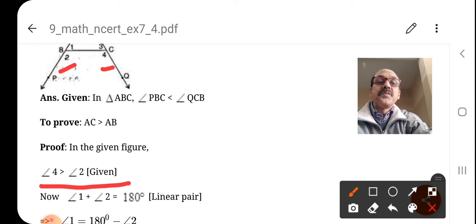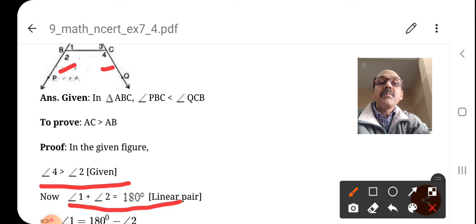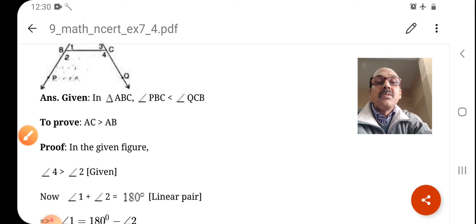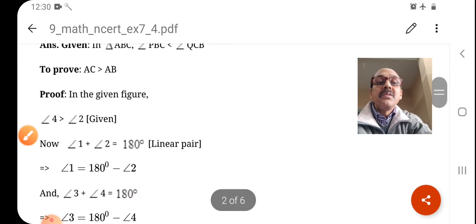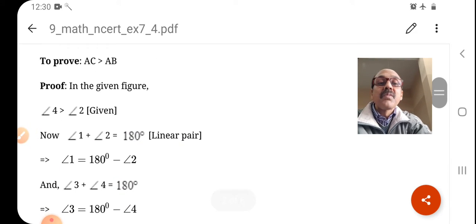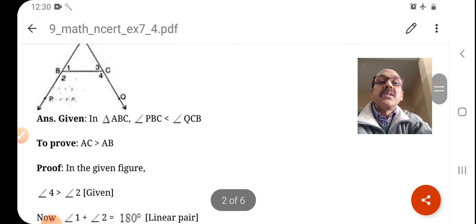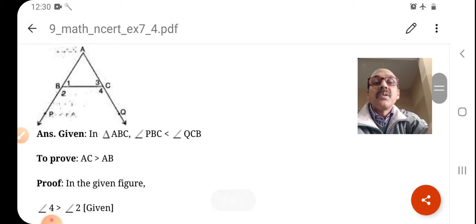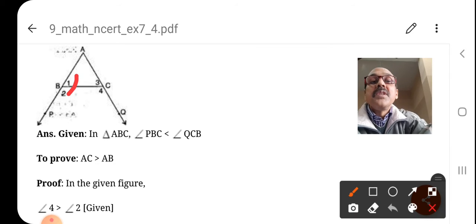Now we know a straight angle, that is a linear pair, is 180 degrees, and 1 plus 2 is 180 degrees. So angle 1 equals 180 minus angle 2. Now similarly, 3 plus 4 is 180 degrees.